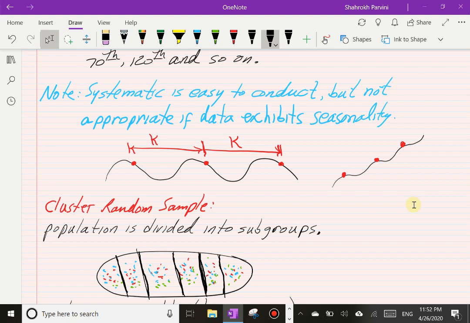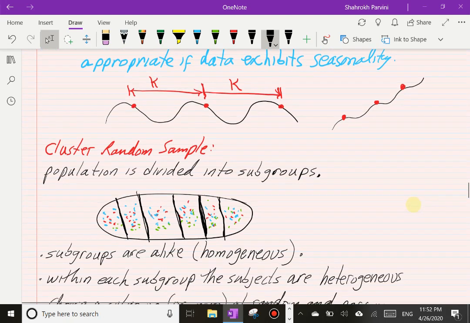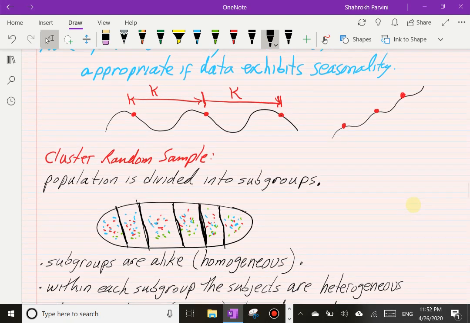Now notice in here, by the way, in the subgroups, I have different colors. But if you note in every subgroup, whatever colors I have, they're the same colors that appear in every subgroup. So in other words, the subgroups are alike. We call these homogeneous subgroups.